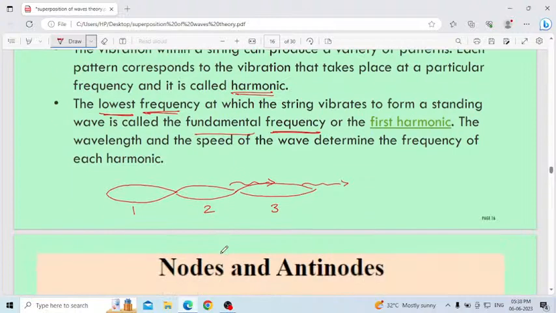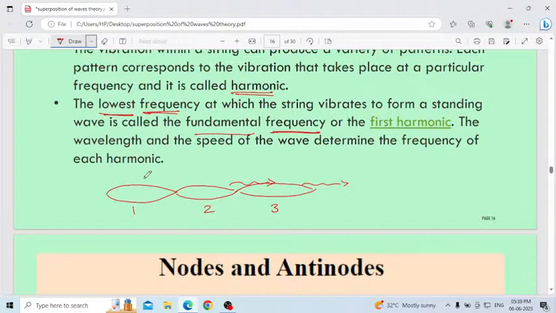The wavelength and the speed of the wave determine the frequency of each harmonic. How will you get the harmonics? Harmonics means rhythmic. You can observe in musical instruments, where they are playing the guitar, flute, everything. You can observe the superposition of waves or overlapping of sound waves taking place.